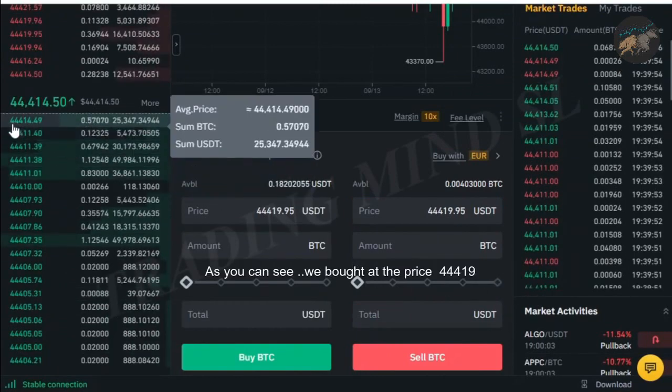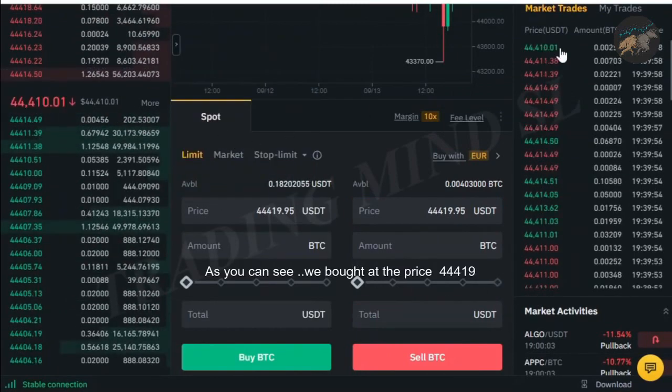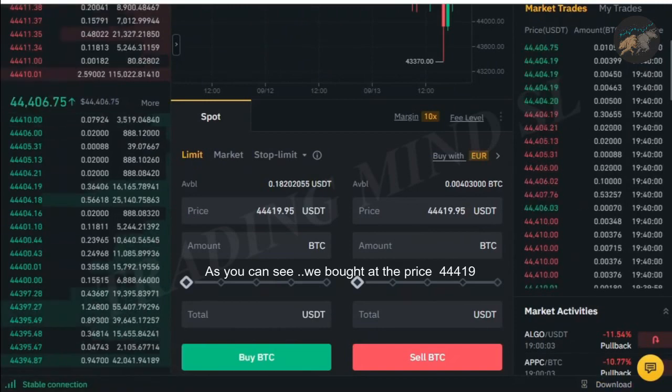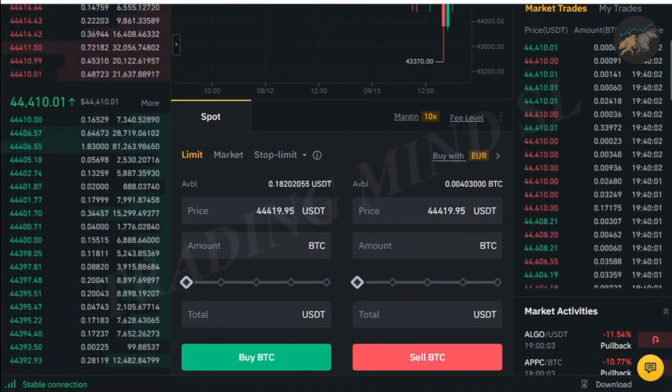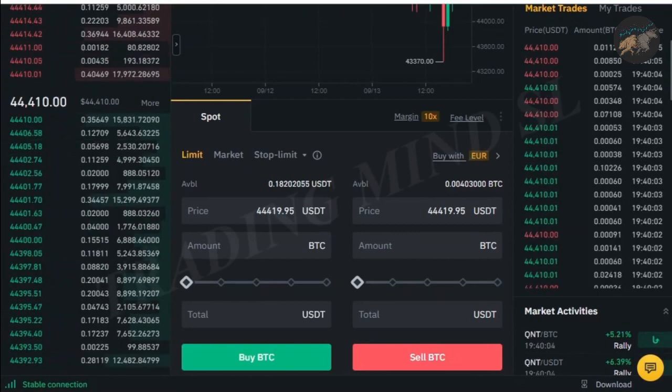As you can see, we bought at the price 44,419. Now we will wait for the price to go up.